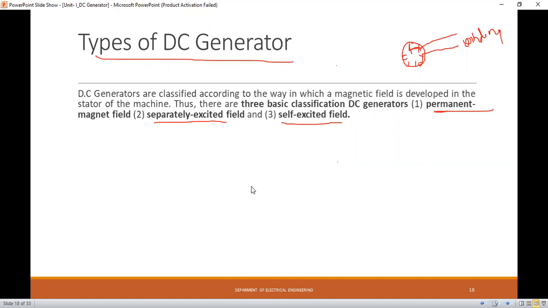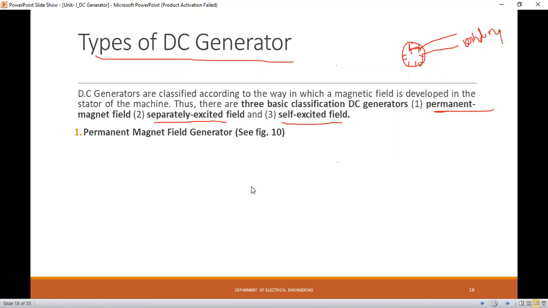According to this, there are three types. In what way do we provide this excitation? That is, how the winding can be excited. According to this, there are three types of DC generator. So the first one is the permanent magnet field generator.